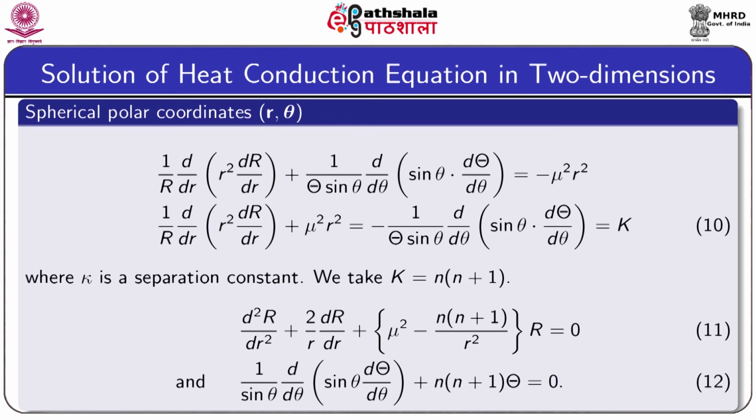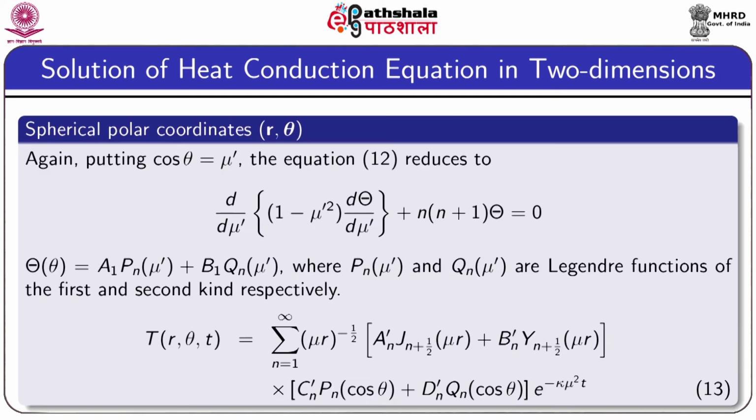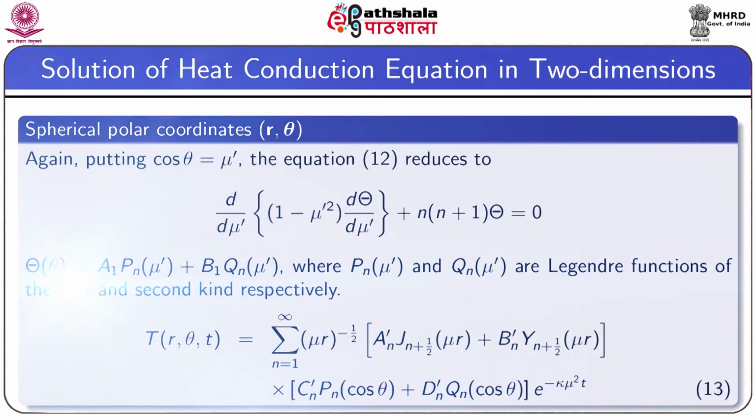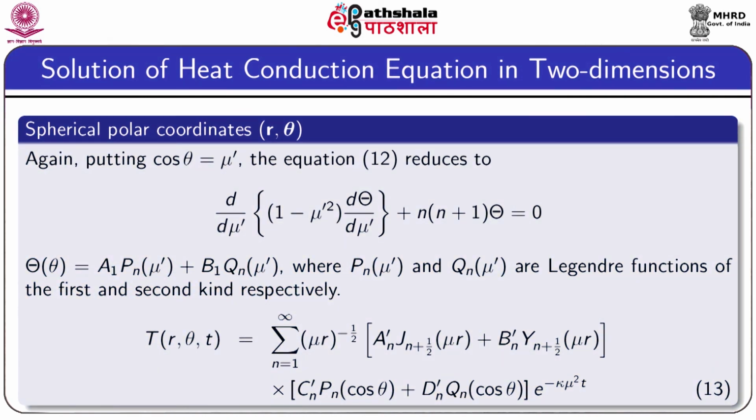Equation number 12 is not so familiar, but if we give the transformation cos θ equals μ', equation 12 reduces to the form which is written in the first equation, and this is known to all of us. This equation is known as the Legendre equation, and we all know that the solution of the Legendre equation is the Legendre function.